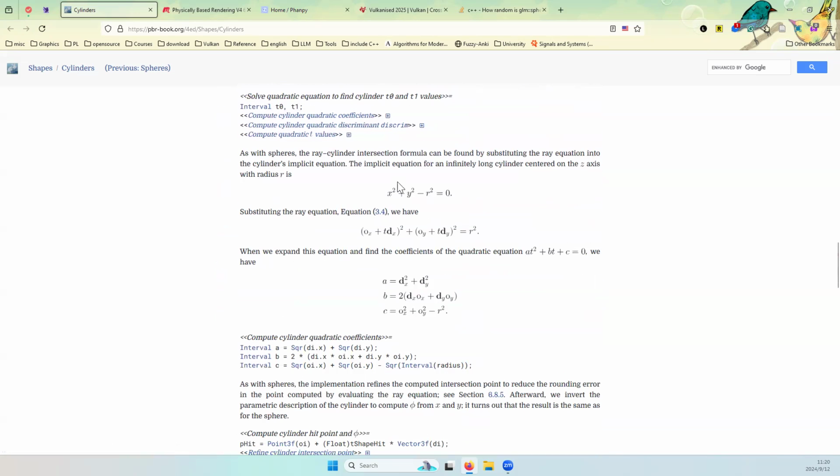Or maybe they will deal with the top and bottom separately. Or maybe it does not have a top and a bottom. Because this is x plus y minus r, all individual things are squared. And so it's the implicit equation for a circle augmented by a radius.